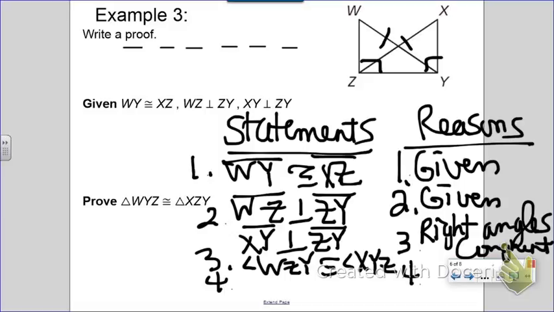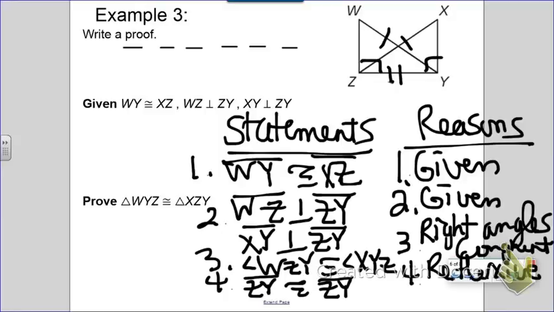I have a common side, ZY, at the bottom. So I'll mark that on the picture. ZY is congruent to ZY, and that's the reflexive property.